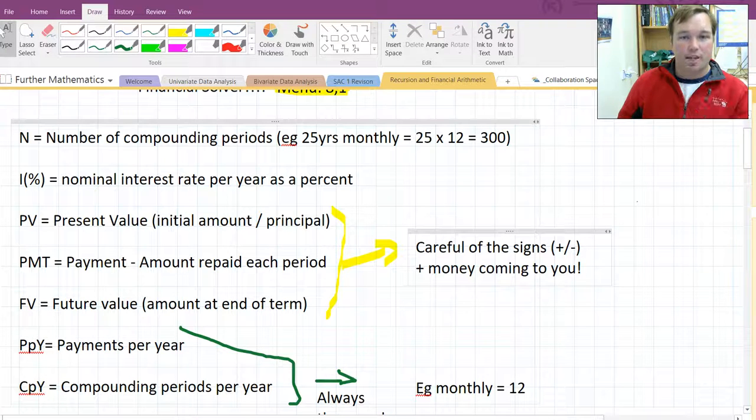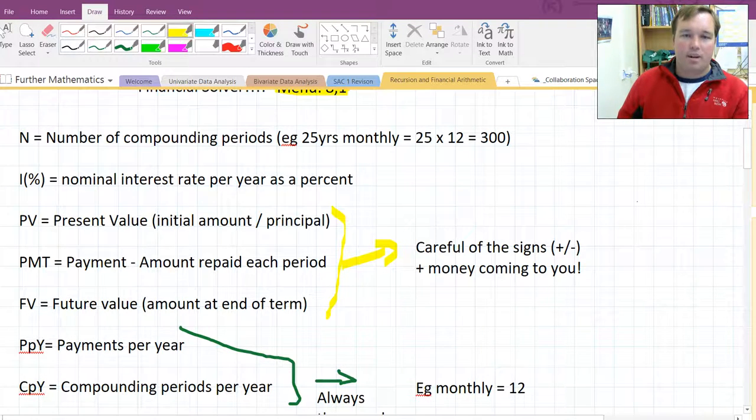Alright, so for example, if I invested money in shares, say I invested $100,000 in shares. Every month they pay me $1,000, and at the end I get $1,200 back, for example. Initially, I invested $100,000. That is money going away from me.